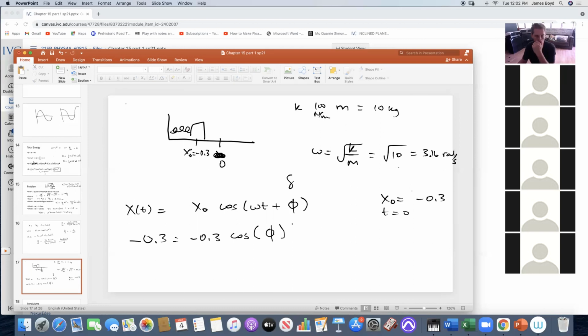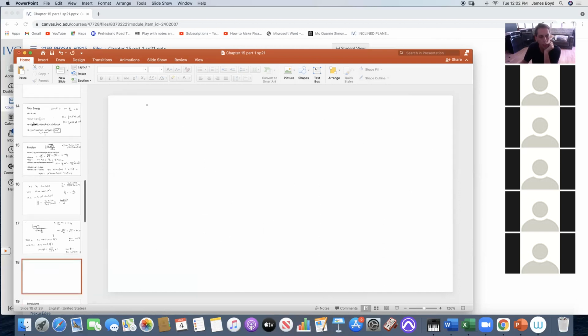If I divide through and flip sides, cos of phi is negative 0.3 divided by negative 0.3, which is obviously 1, right? So cosine of phi equaling 1 means phi is arc cosine of 1, which is 0, okay?